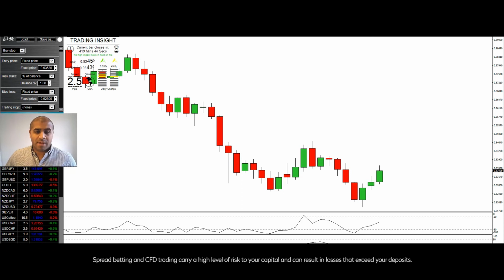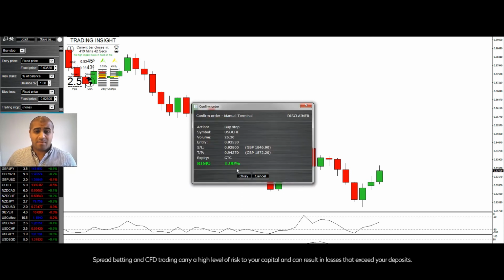If I went ahead and placed that order, you can see here in the big green letters, risk 1%. Basically this means that this trade will risk 1% of my trading account. So how does it define that? Well, it takes the risk on the trade, which is your entry price to your stop loss. That's how many points or pips you have at risk.